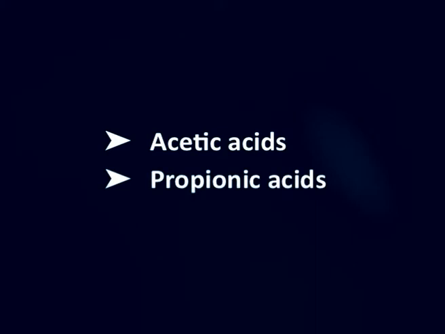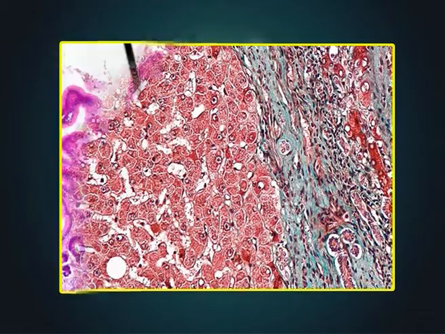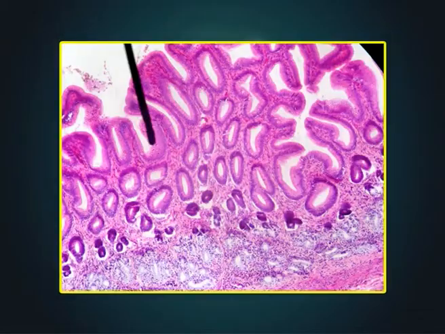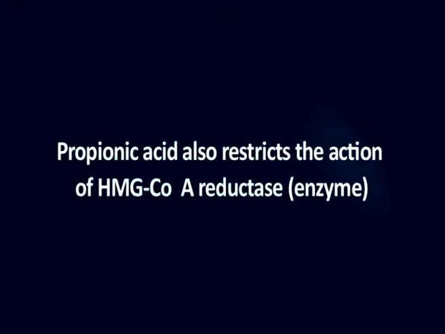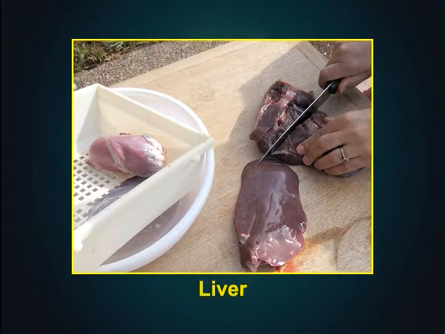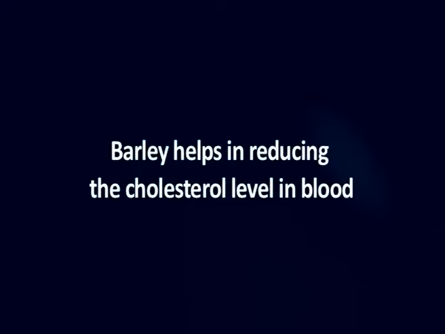The dietary fiber in barley aids the production of acetic acid and propionic acid, which serve as the fuel for liver and muscle cells. Propionic acid also restricts the action of HMG-CoA reductase, which is involved in cholesterol production in the liver. In this way, barley helps in reducing the cholesterol level in blood.